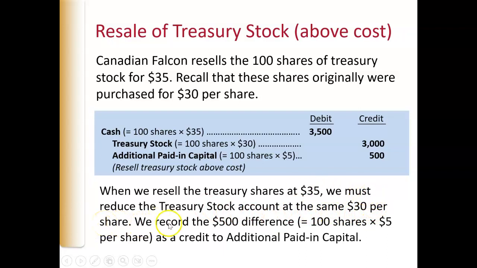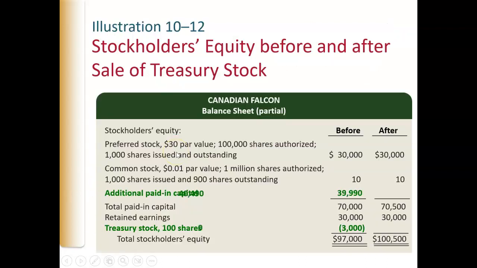Any extra gets put into additional paid-in capital. So now we were at $97,000. Once we reissue that treasury stock, do you see our treasury shares are now at 0? And our additional paid-in capital now is at $40,490.